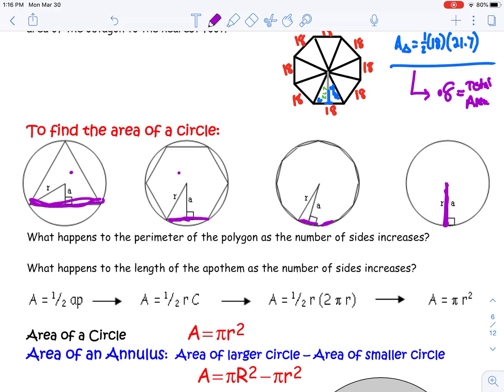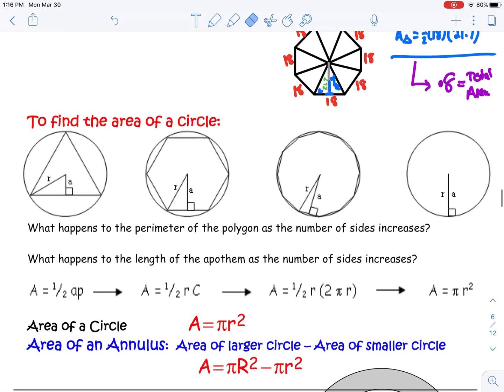But eventually we get to these very small sides in our figure. And after we've gotten to very small sides, we are able to realize that eventually the sides will get so small that it will become a curve, which means that it's a circle.